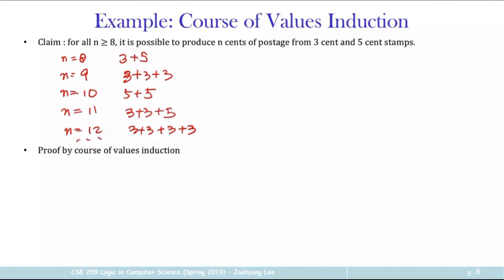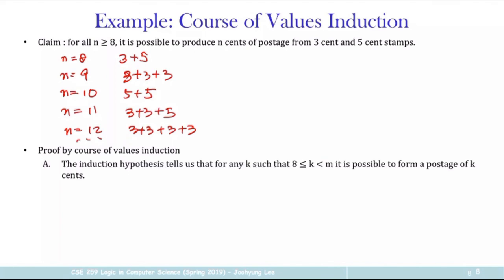So proof is by course of values induction. So induction hypothesis tells us that for any k, note here that the k actually starts from 8. So the induction is not starting from 1, unlike the previous example, but we said this is okay.